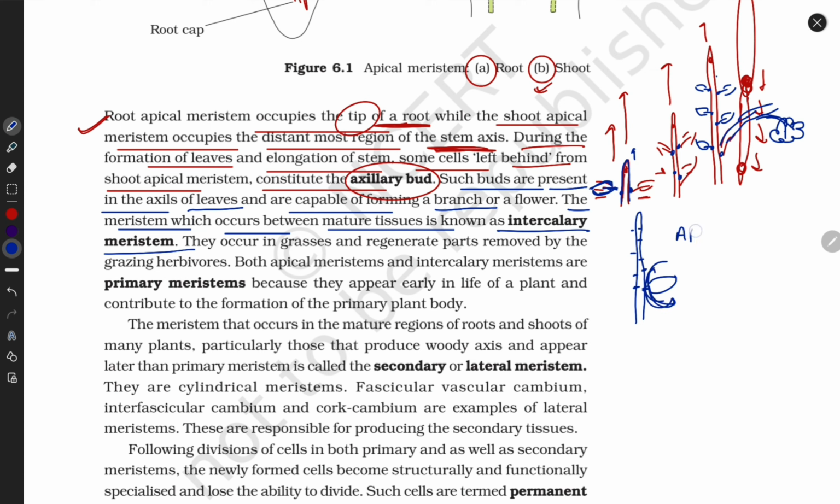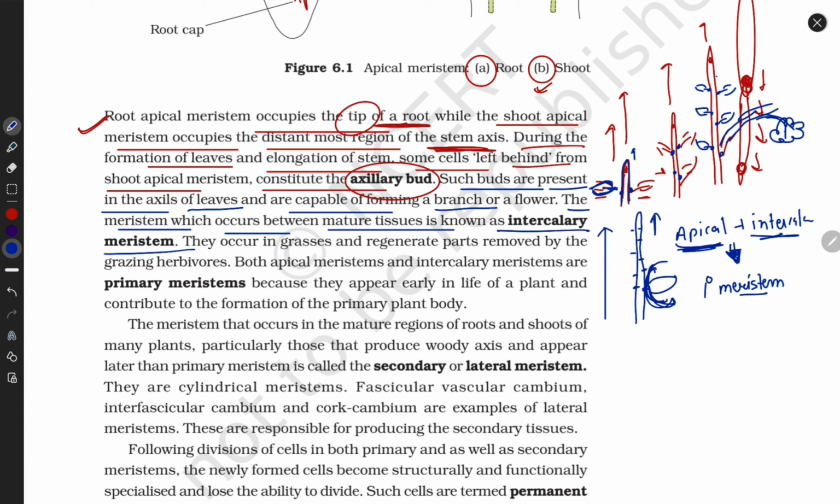So guys, the apical part and the intercalary part provide plant growth. These are the primary meristems.